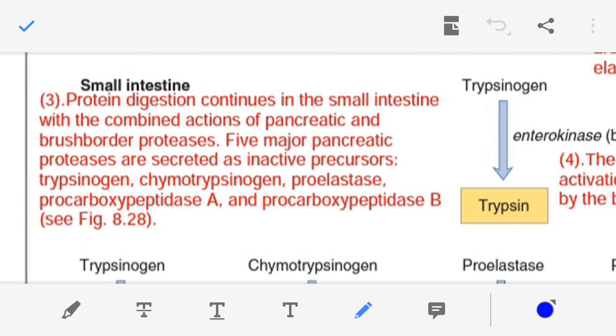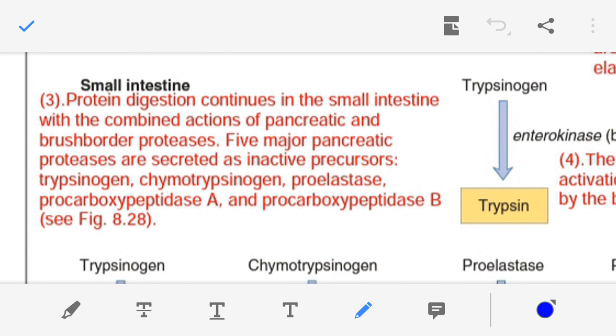Now protein digestion, as we know, has started in the stomach, and this protein digestion continues in the small intestine. Once the digestion of protein completes in the stomach, we know the chyme is formed, and then the chyme enters into the duodenum, the first part of the small intestine.